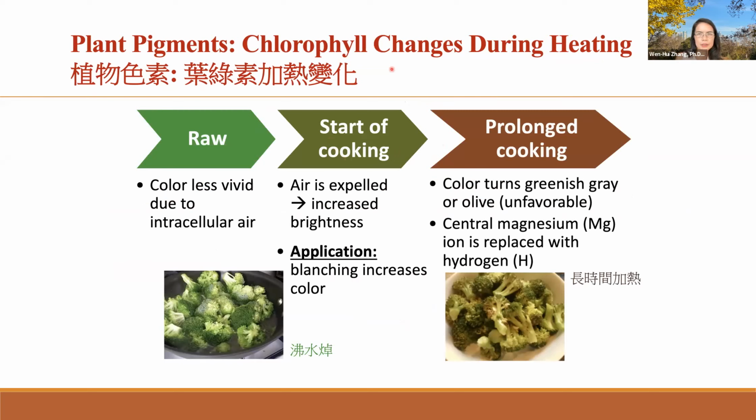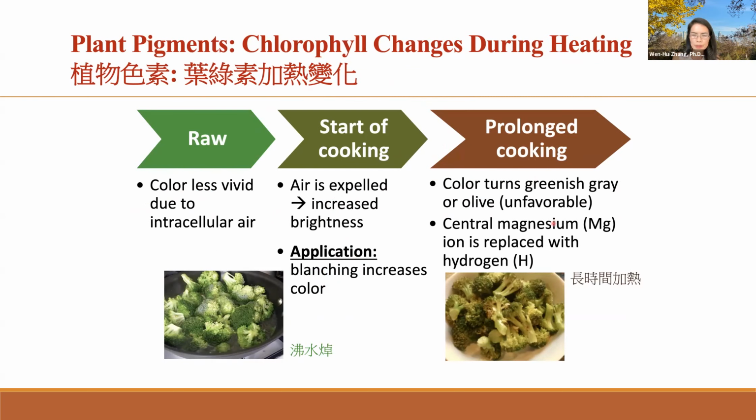The chlorophyll changes during heating too. So that's the raw broccoli, it's green. But after blanching in boiling water, it becomes more vivid. The green color becomes brighter.